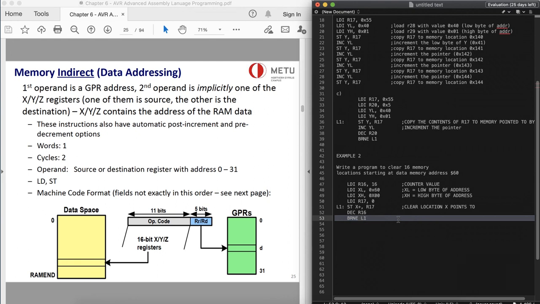So jump back until we reach 0. Okay, so this is how we can use a post increment. It's quite useful and easy to deal with. I want to do another example because these are important. We have to cover as much as we can.